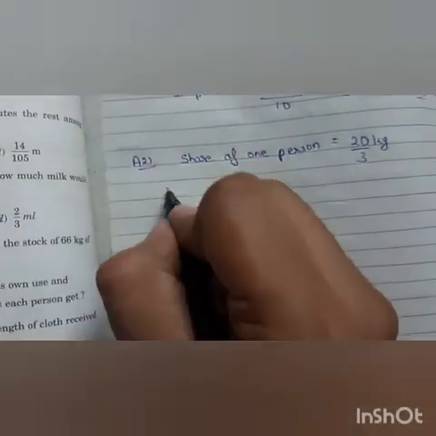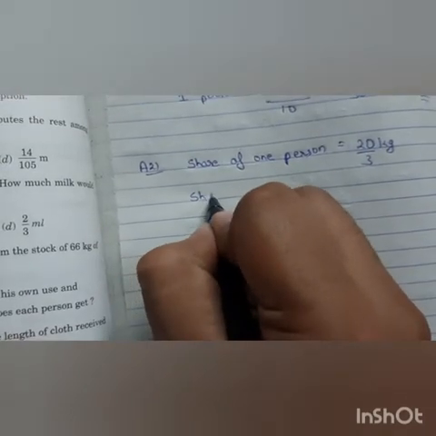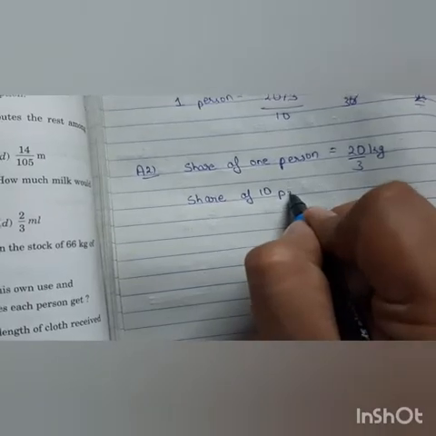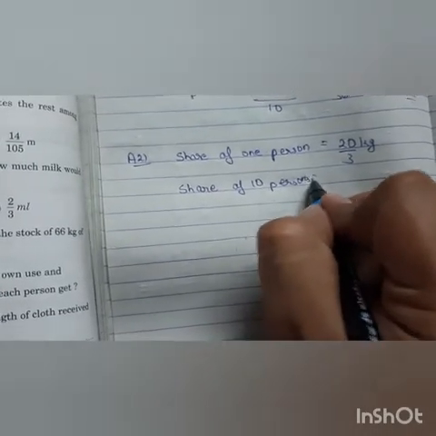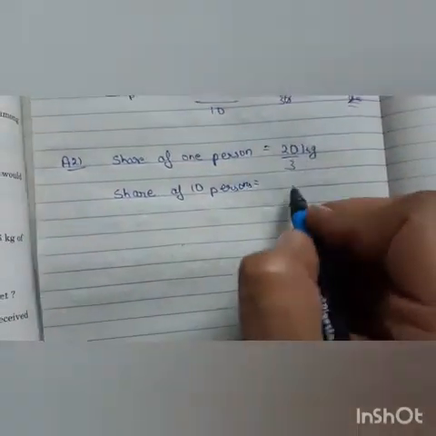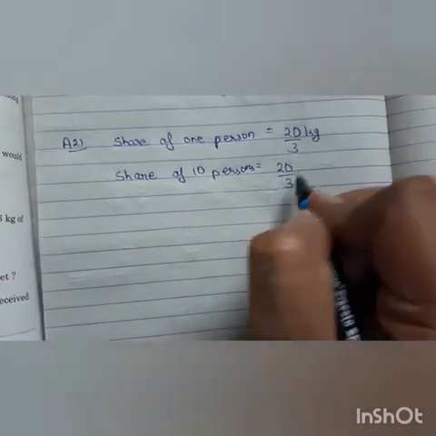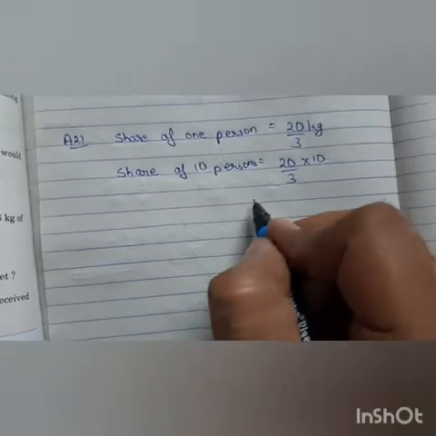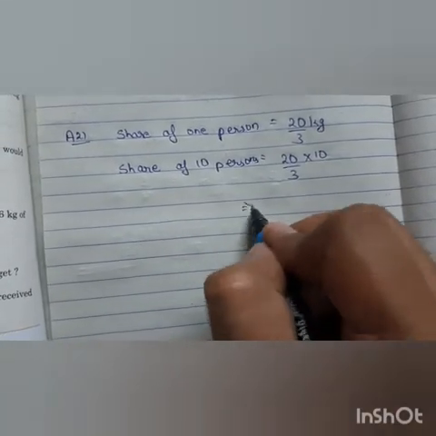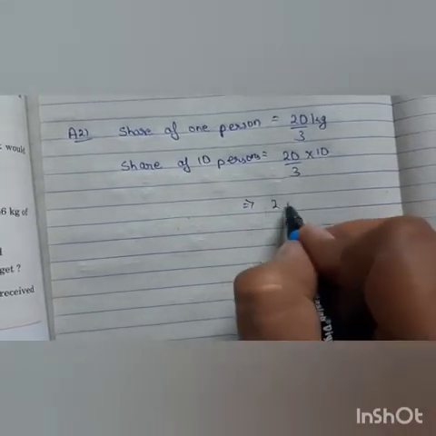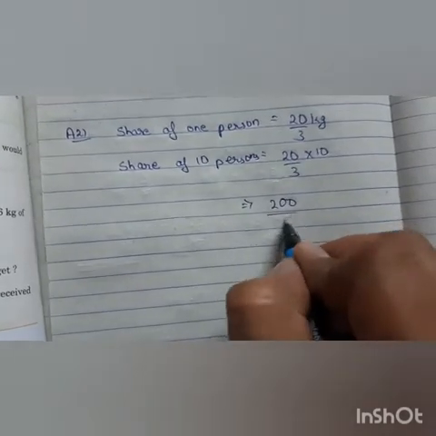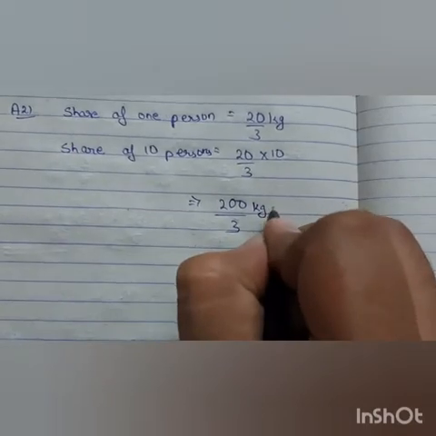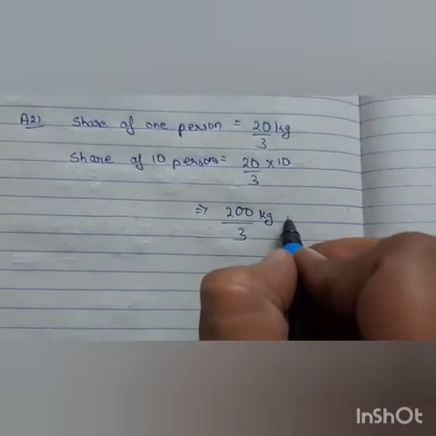So the share of 10 persons will be what? Simply multiply the quantity each person is getting by 10. It will be 20 into 10, 200 upon 3 kg. Now this can further be solved.